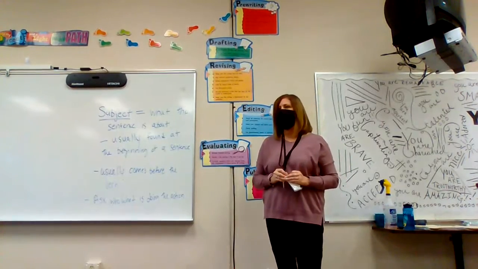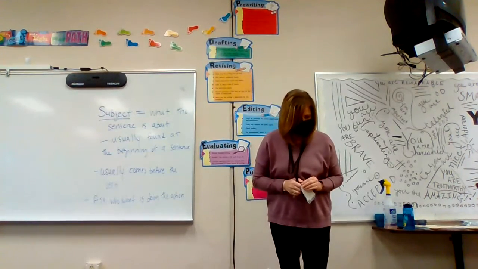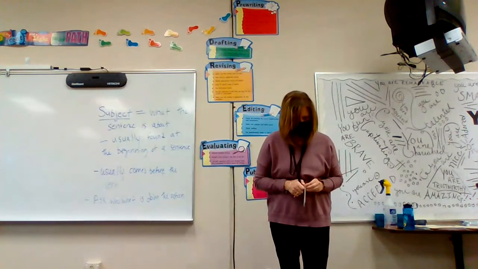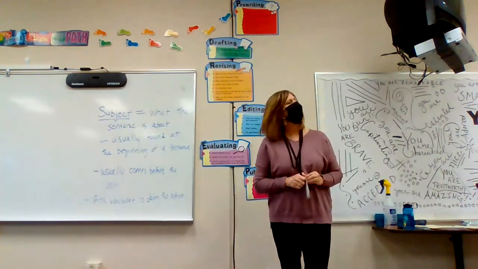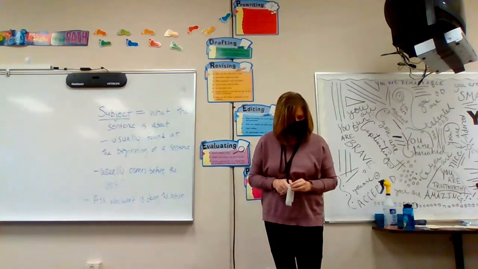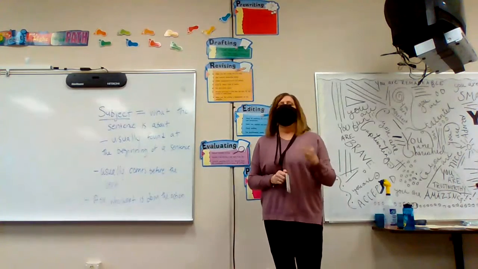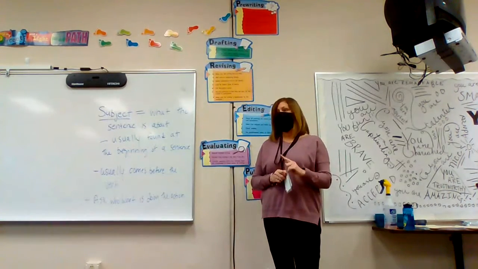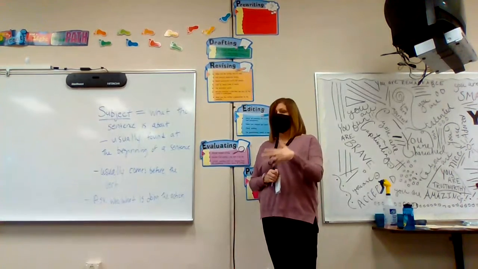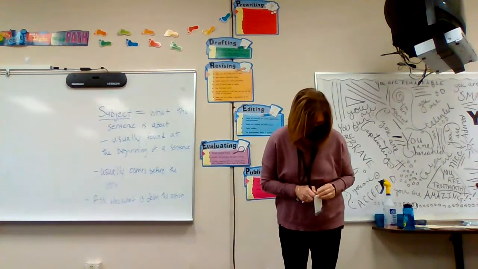So Hope Diamond is the subject of the sentence. Okay, number 13, Kennedy. Smithsonian is the subject. The verb is features. Who or what features? The Smithsonian does. That's the subject of the sentence.